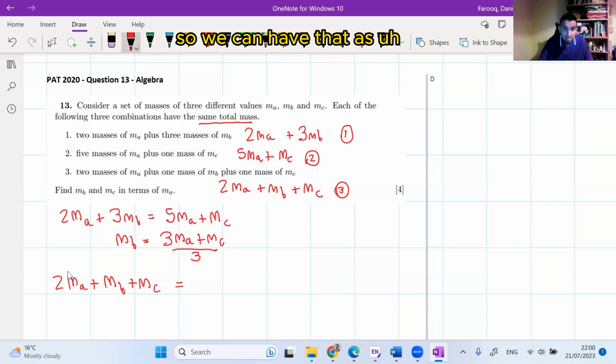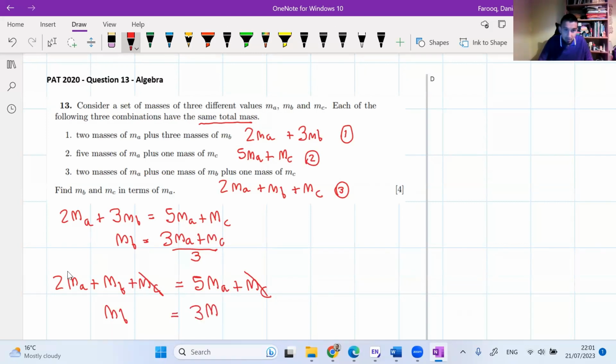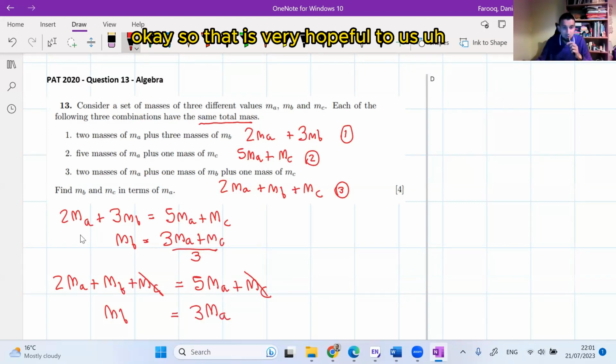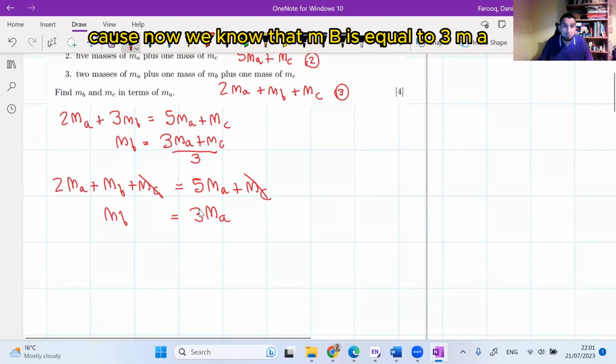So we can have that as 5Ma plus Mc. Okay, now the Mcs will cancel out. So straight away we can get that Mb will equal to 3Ma. Okay, so that is very helpful to us because now we know that Mb is equal to 3Ma.